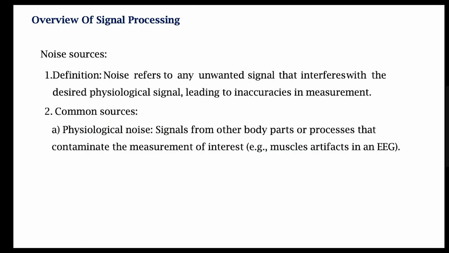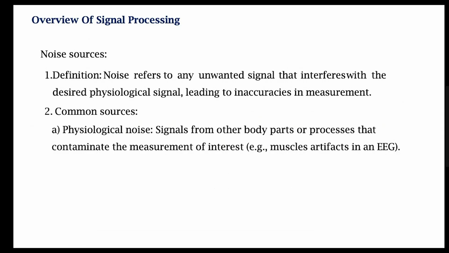Another related concept is the source of noise. What are the various sources of noise? What is noise? Noise is essentially anything that is not wanted, that interferes with the desired signal. So if you are desiring ECG, for example, any movement of the muscle may be noise.